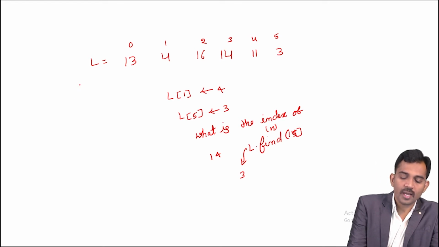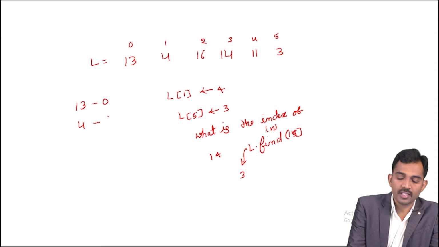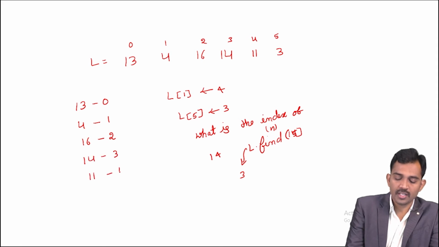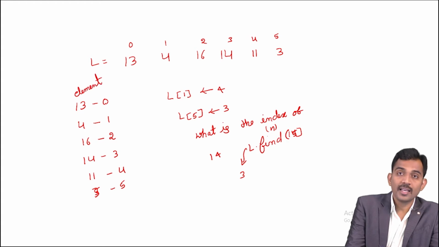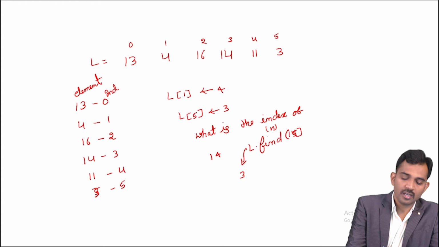For 13 I'm going to store the value 0, for 4 the value is 1, for 16 the value is 2, for 14 the value is 3, for 11 the value is 4, and for 3 the value is 5. This is the element and this is the index.